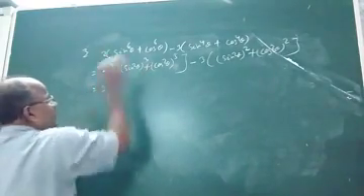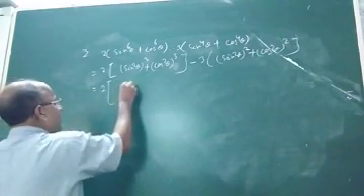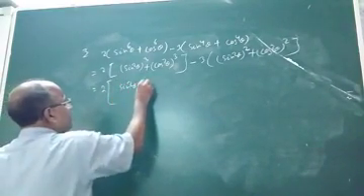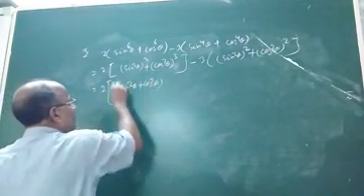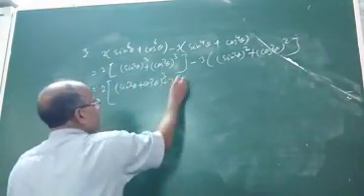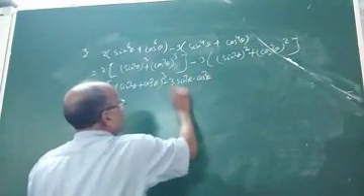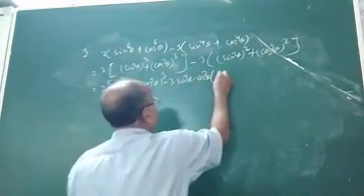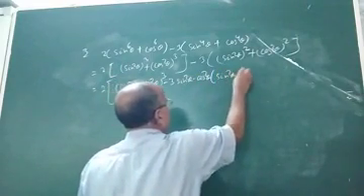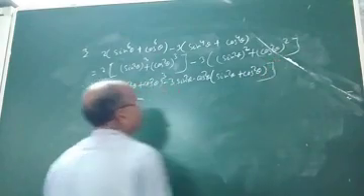So A cube plus B cube, what is the formula? It is (A plus B) whole cube minus 3AB into (A plus B). A means your sin^2 theta, B means cos^2 theta.